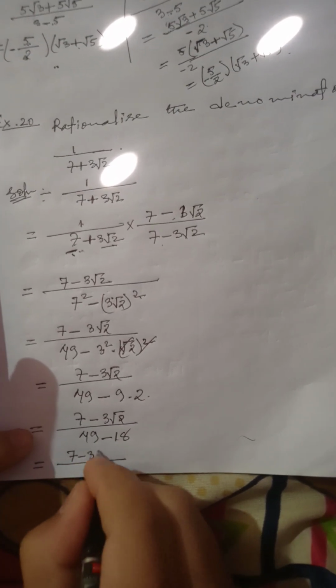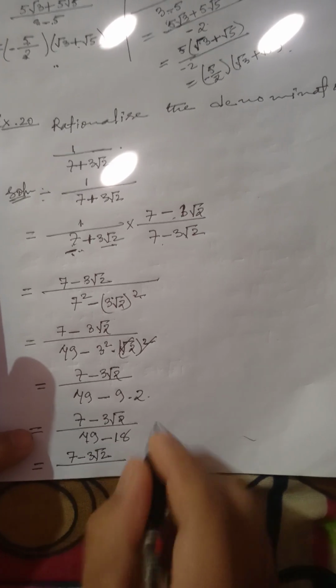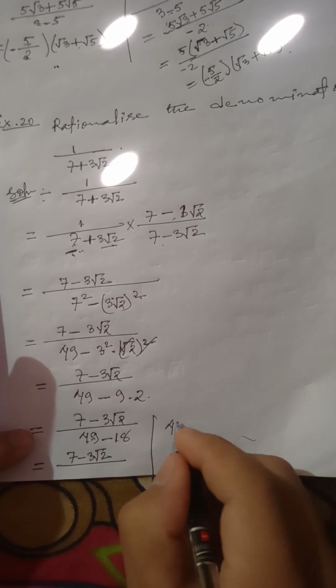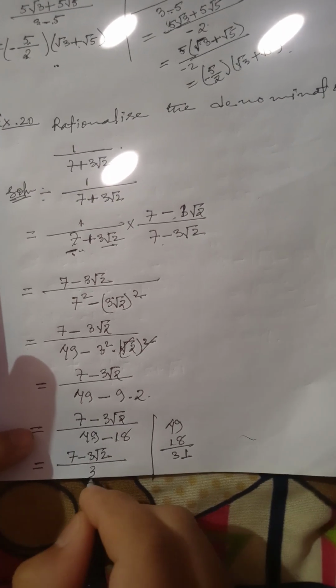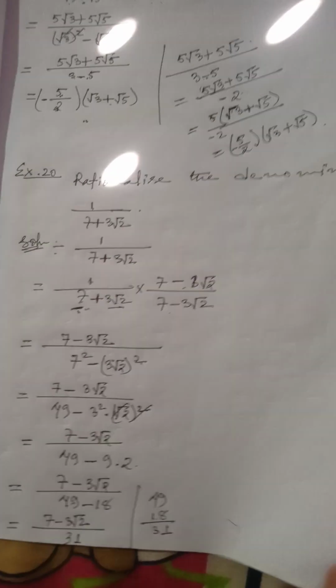So 49 minus 18 will give you 31. So this is all about the problems we are going to discuss today.